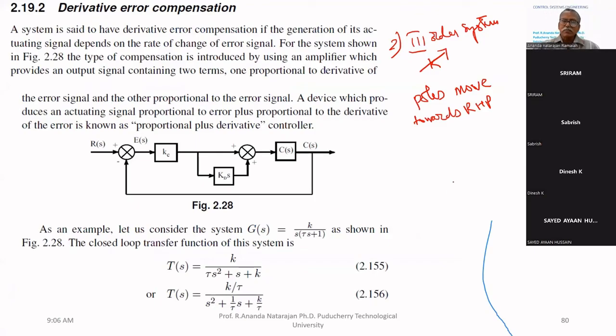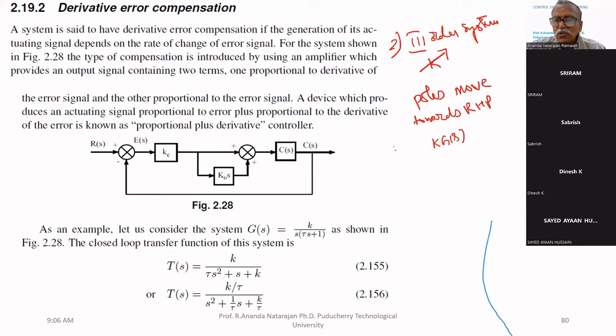We know that, suppose I have an open loop transfer function KG(s).